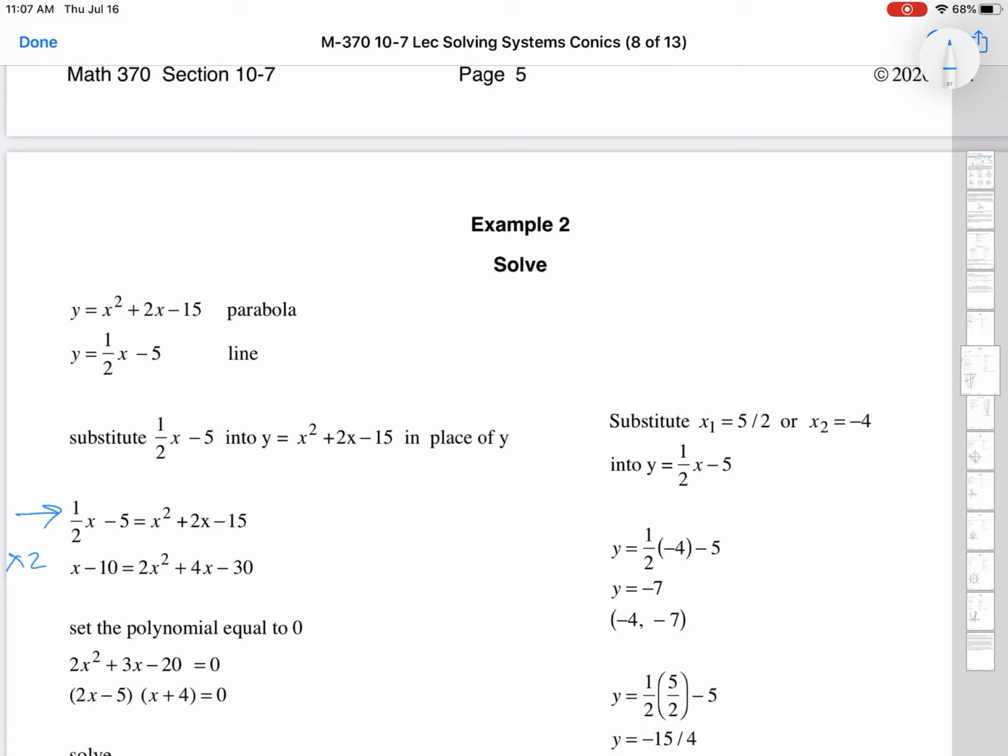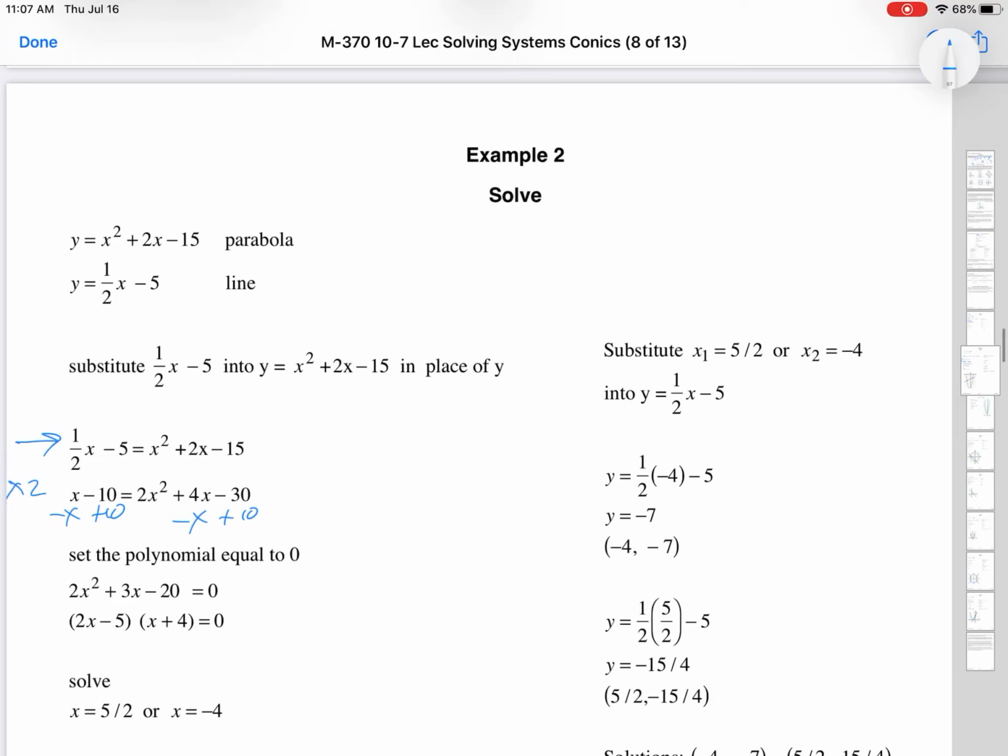So we've got the 2x squared. We're going to add 10, and that's where the negative 20 is coming from. We're going to subtract x, and that's where the 3 is coming from. You know how to factor. We're not worried about your factoring. You can see that it's a 2x minus 5 and an x plus 4. You can see that we would get an 8 and a negative 5, which does produce a 3, so we're good. So the two solutions are 5 halves or negative 4 coming out of that.